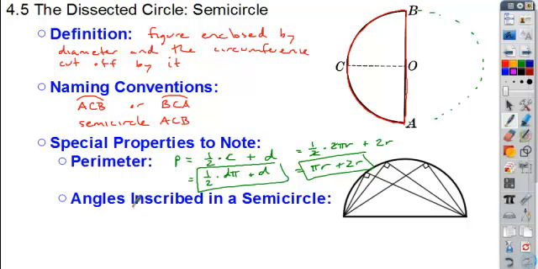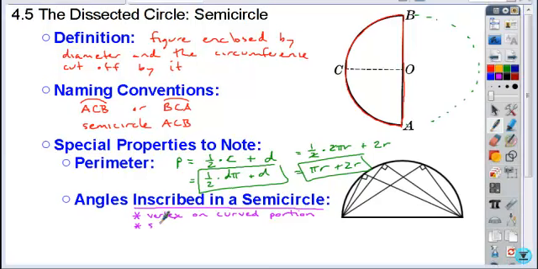In order for an angle to be inscribed in a semicircle, what that means is its vertex lies on the curved portion of the semicircle. Okay, so those are the properties of an angle inscribed in a semicircle.